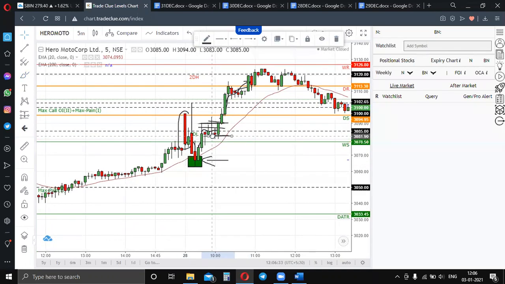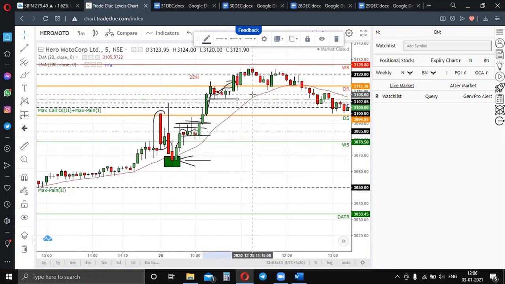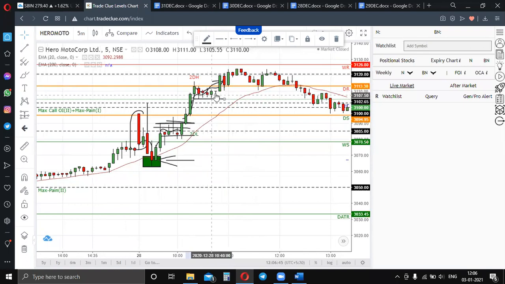So you can trail your stop loss over here. As it keeps moving up, the nearest retracement zone will be your stop loss now. This way you can gauge your stock and try to book some partial profits from time to time. When you get a comfortable 1% in any heavyweight stock, try to book some profits as well.